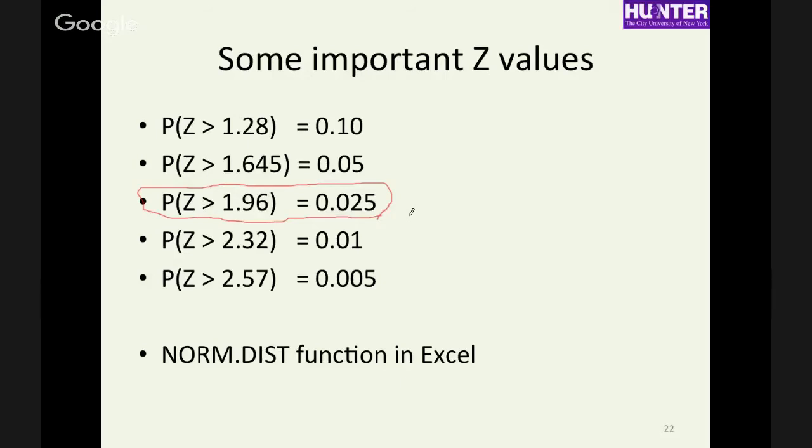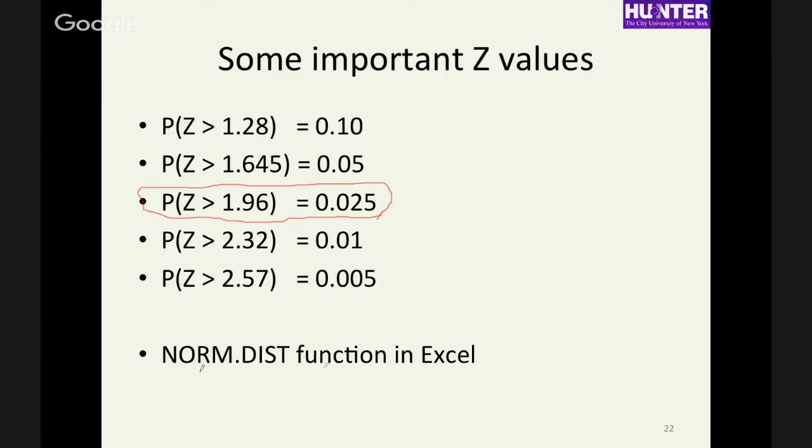So the probability under the normal distribution of having a value of z either greater than 1.96 or less than minus 1.96, either one of those is 0.025, and when you add them up, it's 0.05. And so that's why this is a very important z-value.